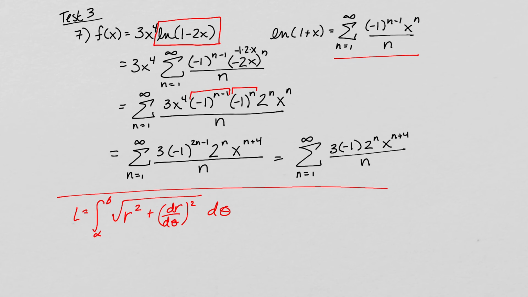But yeah, the 2 in number 7 comes from basically 1 plus cosine of theta. I'm using the fact that, so 1 plus the cosine of theta, that's one of the cardioids. And so basically I'm just finding half of it and then doubling it to get the whole length.